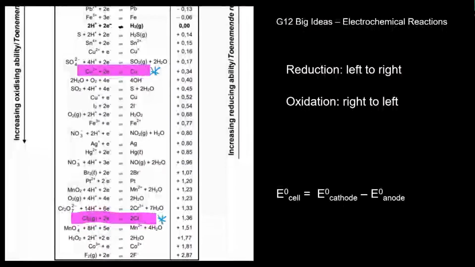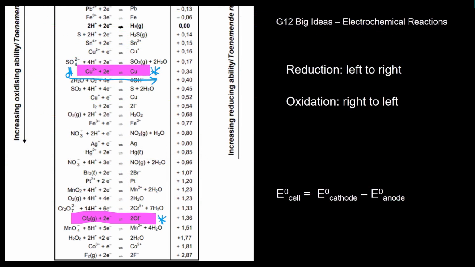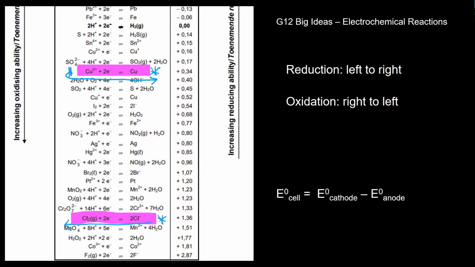So for the reduction reaction, which was the copper 2+, you're going to read it from the left to the right. When you are reading the oxidation half reaction, you are going to read it from right to left. And you'll see here, we started off with the chloride ions and we ended up with the chlorine molecule.